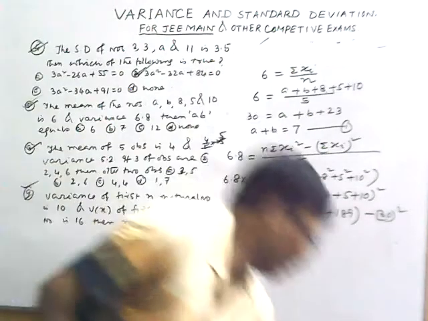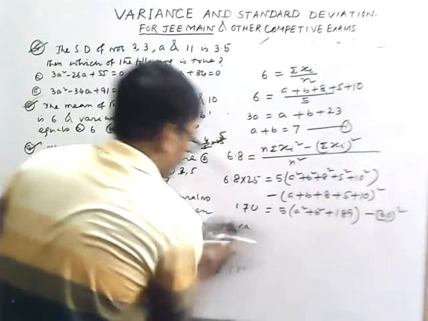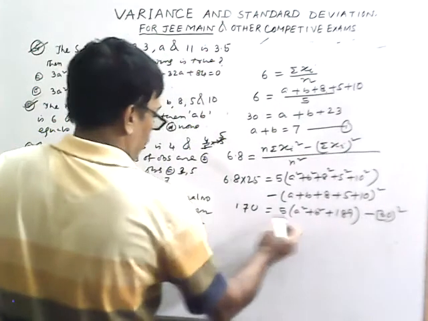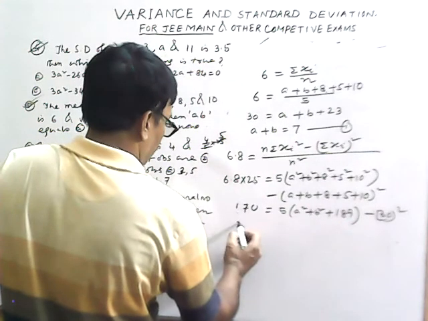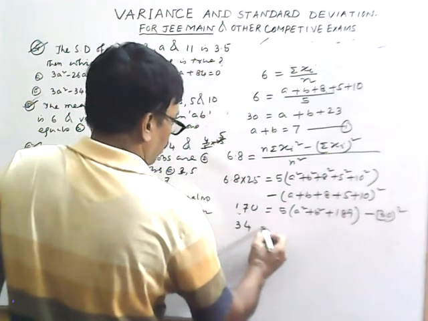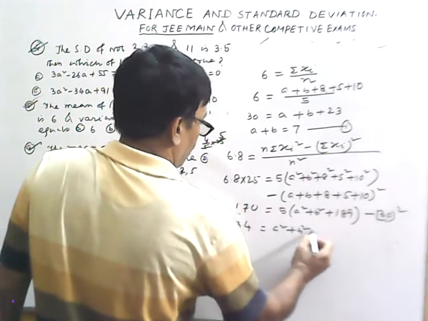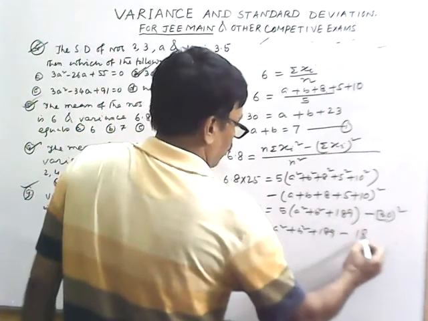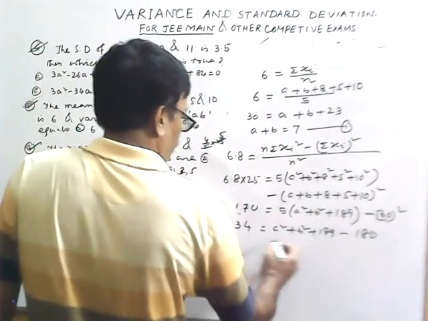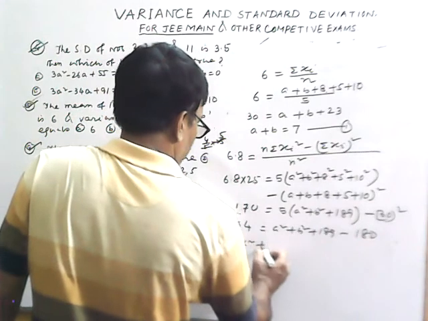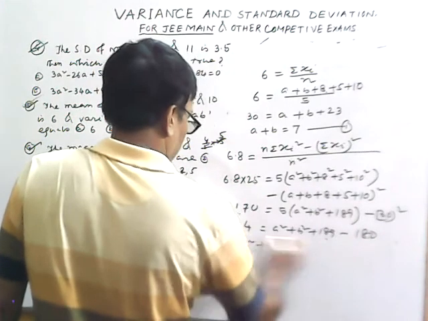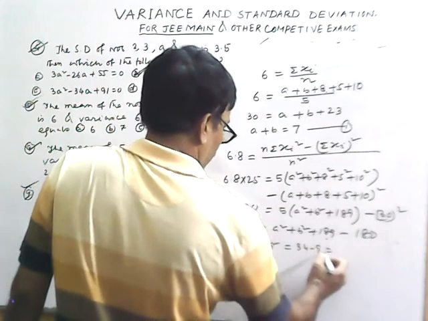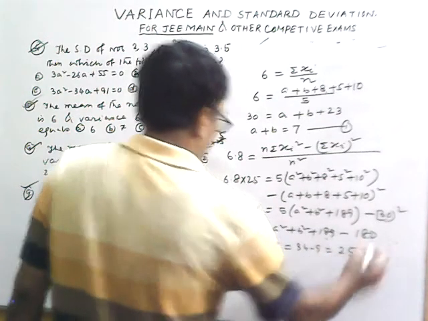Now simplifying. Dividing by 5, you get 34 equals a square plus b square plus 189 minus 6 into 30, that is 180. So a square plus b square is 34 minus 9, so this is 25.